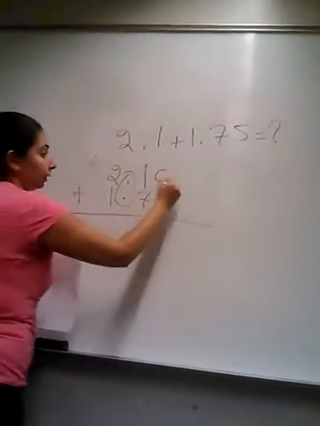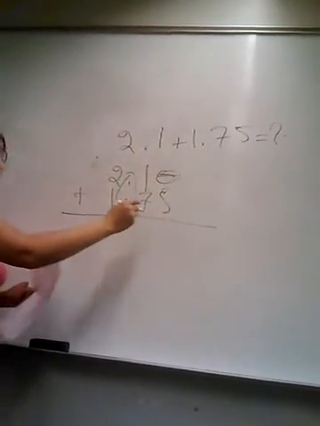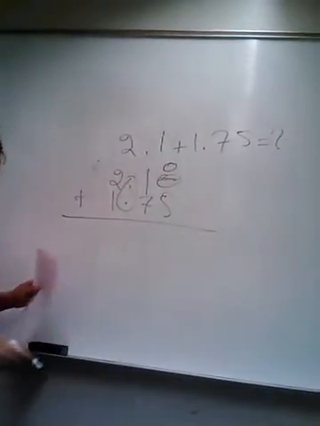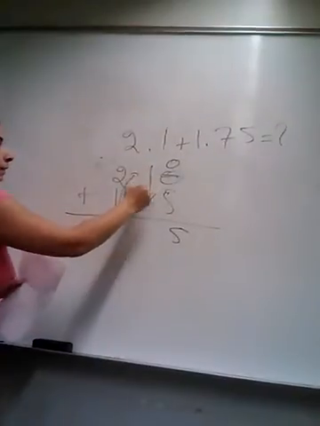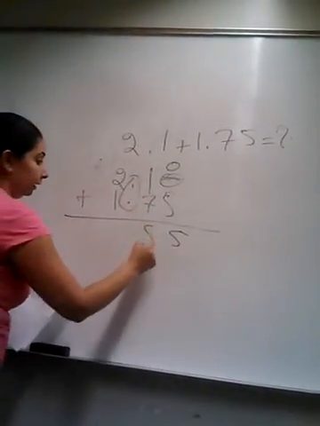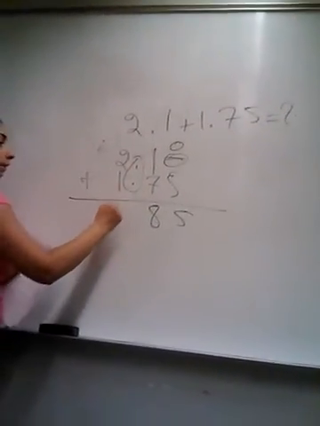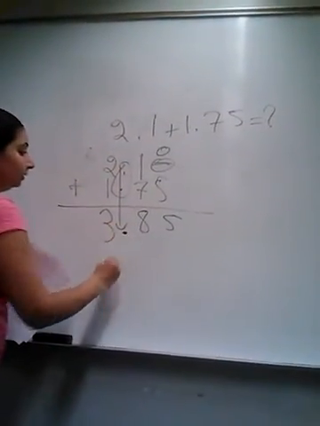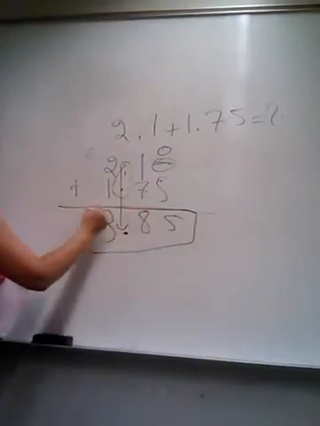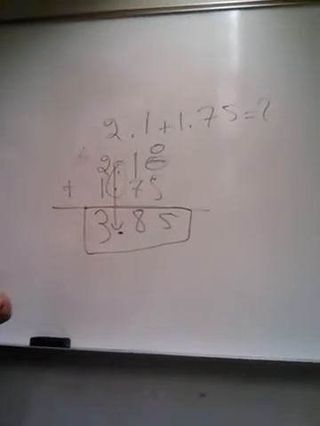Here we don't have any number, that means it's 0. So 0 plus 5 is 5. 1 plus 7 is 8. 2 plus 1 is 3, and we drop the dot. So it's going to be 3.85. Any question?